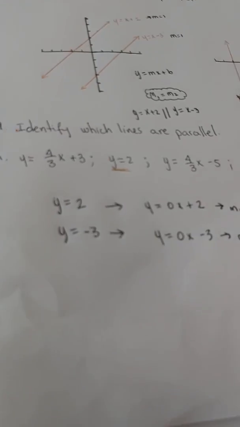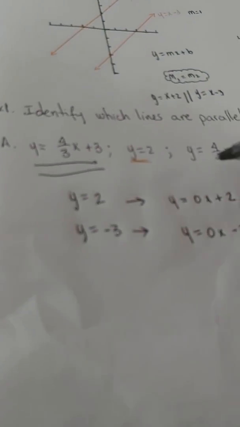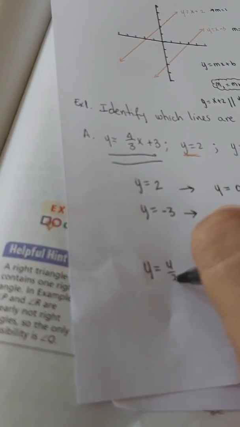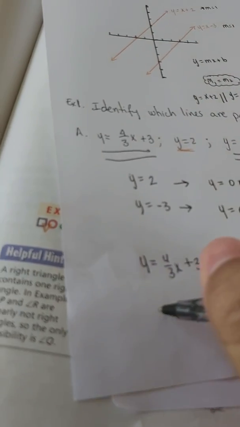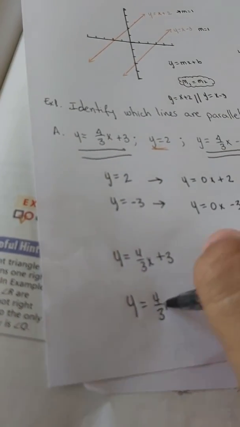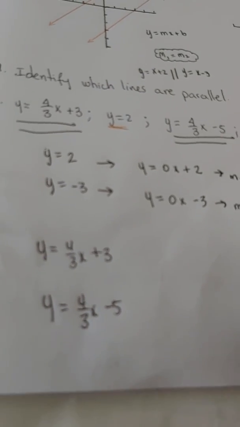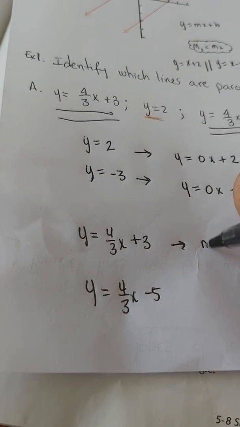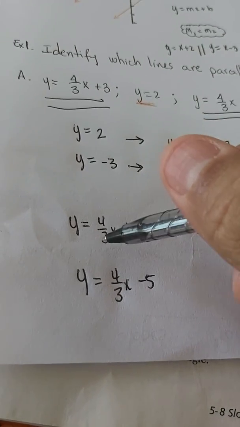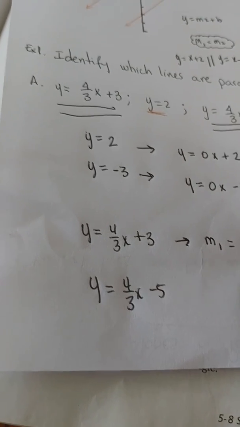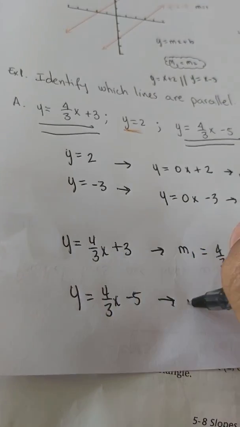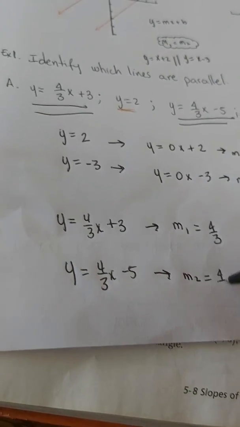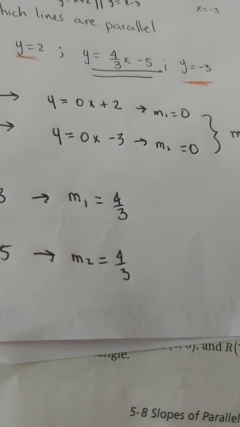Now, let's look at the other two linear equations. We have y equals 4/3 x plus 3 and y equals 4/3 x minus 5. Okay, notice in this case m1 equals, what is the value of m? 4/3, and the value of m2, the slope, is 4/3.